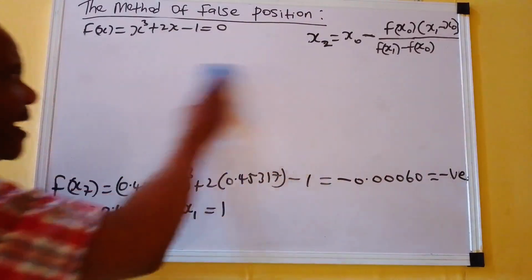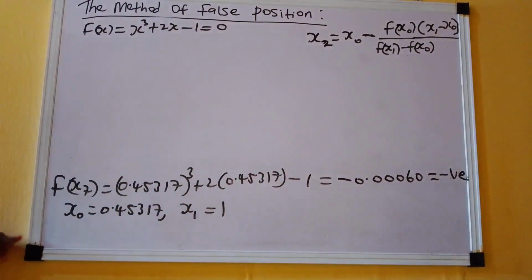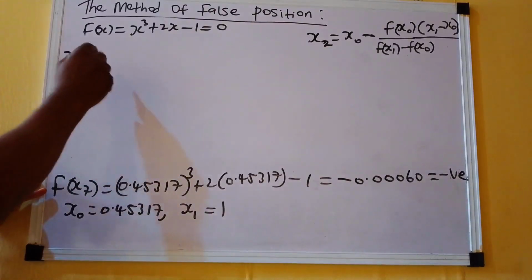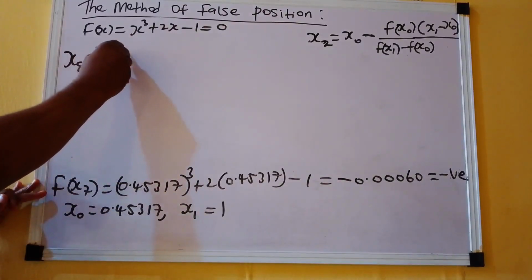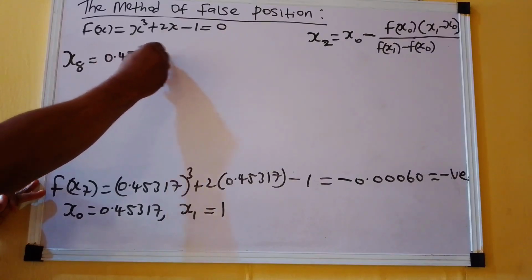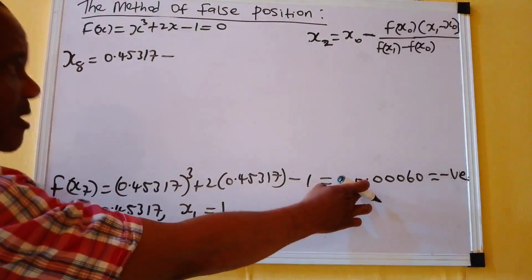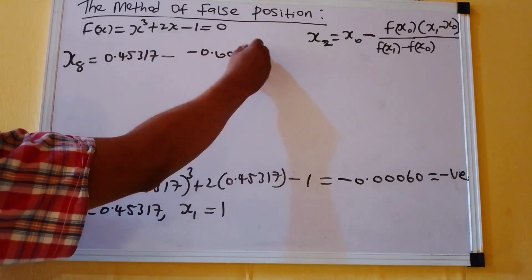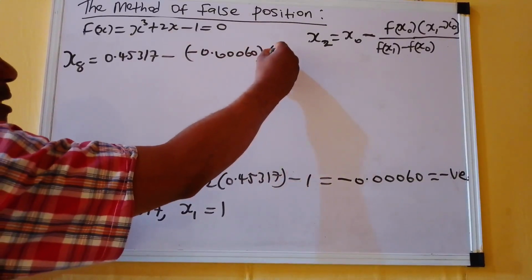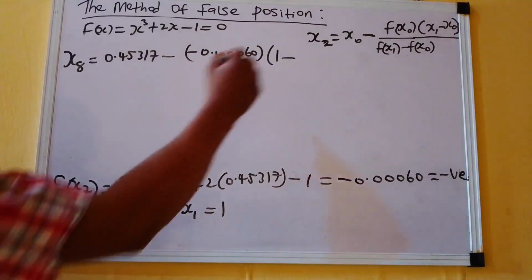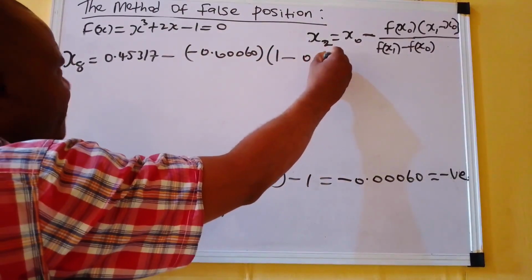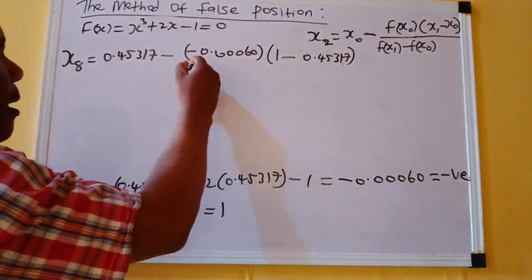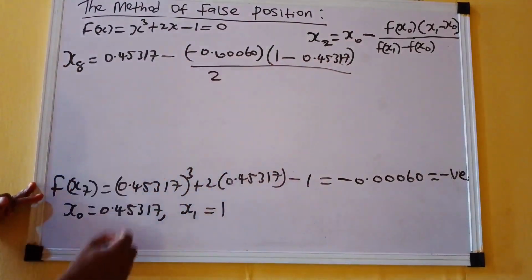So if you come here now, our x8 will be equal to, x0 is 0.45317, minus f of x0, which is minus 0.00060, then into x1 is 1 minus x0, 0.45317, all over f of x1 remains 2.